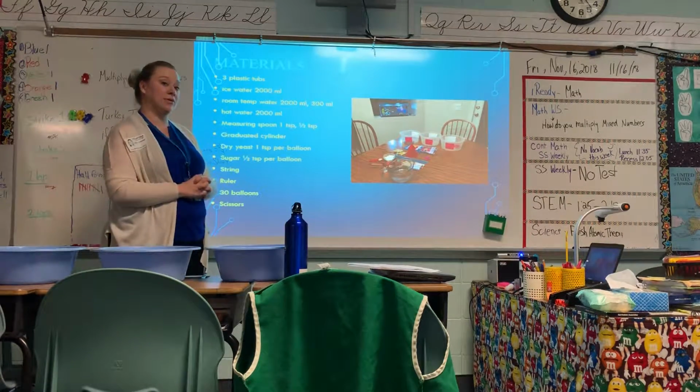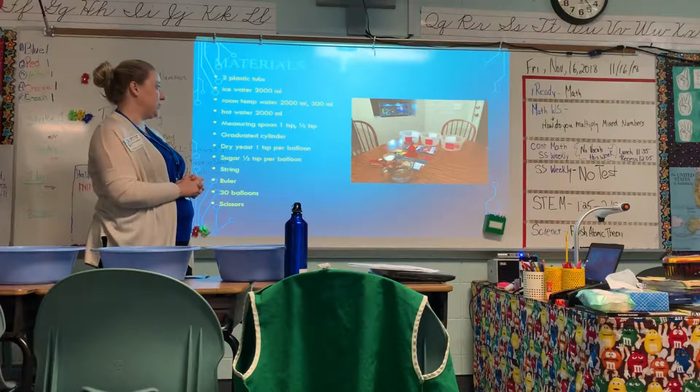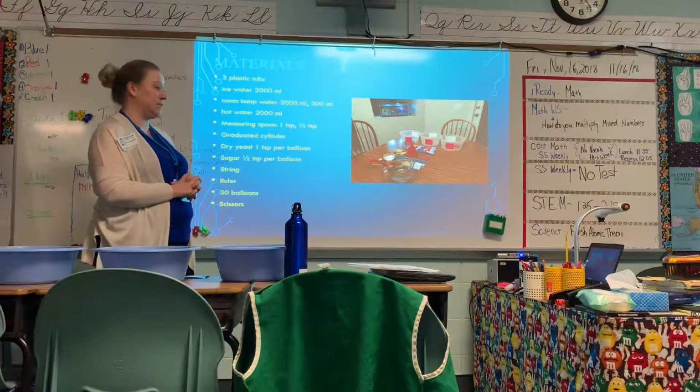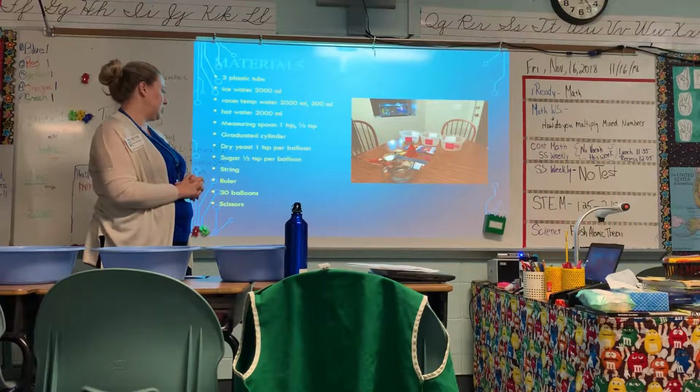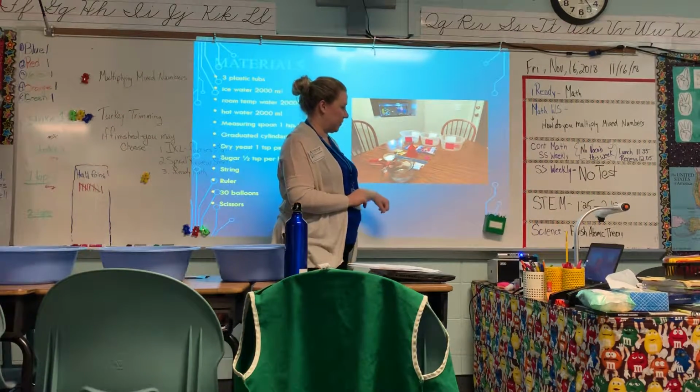And these were the materials that you needed: 3 plastic tubs, ice water, room temperature water, hot water, measuring spoons, a graduated cylinder, dry yeast, sugar, string, a ruler, 30 balloons, and scissors. And this is a picture of our supplies.